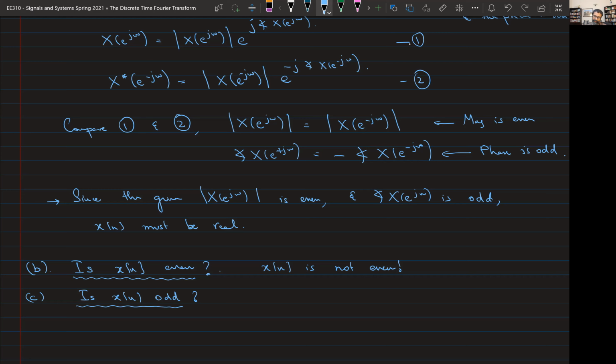And the answer to this is no, it's not odd either. Because if it was odd, both the phase and the magnitude should have been odd. But the phase is odd, but the magnitude is not. So therefore it cannot be odd. So the signal, we find out, is a real signal, but that real signal is neither even nor odd. And therefore the Fourier transform turns out to be complex, clearly.